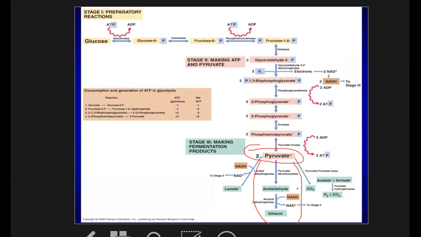I have some options available depending on the microbe. And depending on where I put pyruvate next, I could get a really good payoff or some level of payoff that'll keep me alive. The some level of payoff would be to keep it going stage 3, because you can get some good molecules from that. And depending on the fermentation pathway, you might actually get a little bit more ATP. So that's not bad, but it's not great.